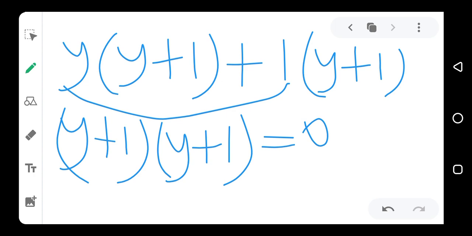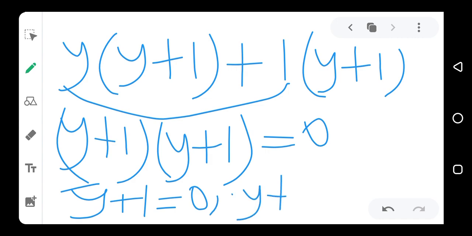Now that means that y plus 1 is equal to 0 for the first bracket, and for the second bracket, y plus 1 is equal to 0. So they have the same value.